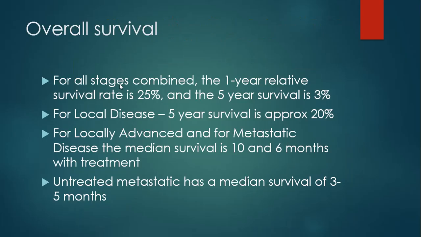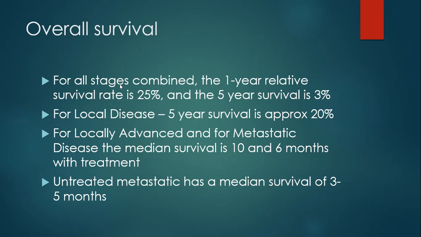Now, after the stage, we have to see the natural history of this disease, the overall survival in these types of patients. For all stages, the combined 1 year relative survival rate is 25%. Only 1/4 of the patients who develop this disease survive beyond 1 year, and the 5 year survival is just 3%.